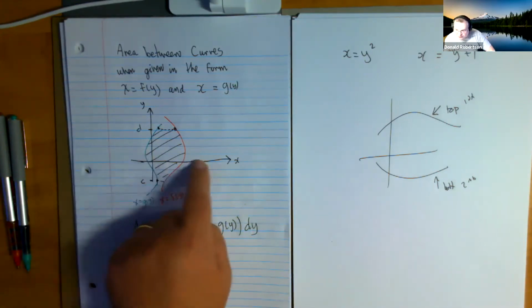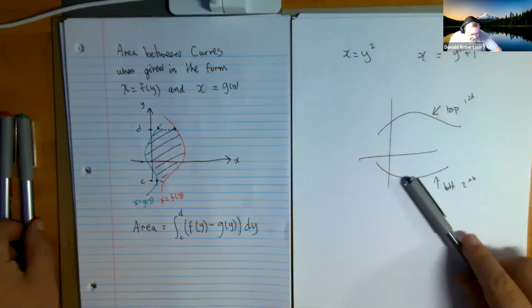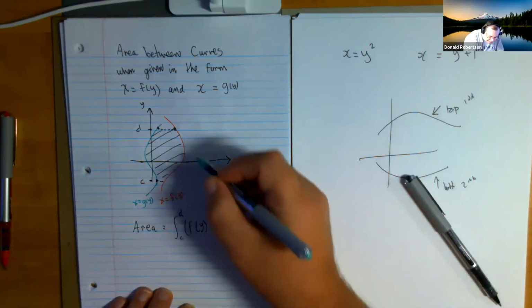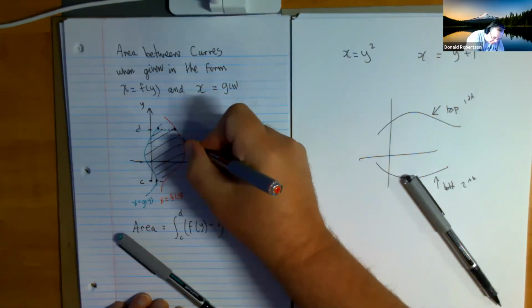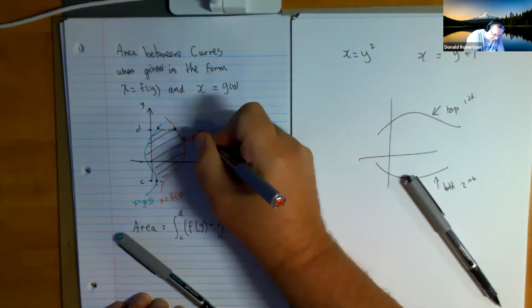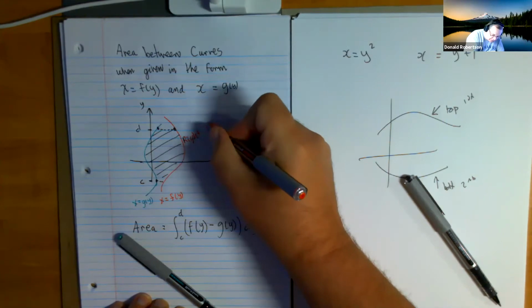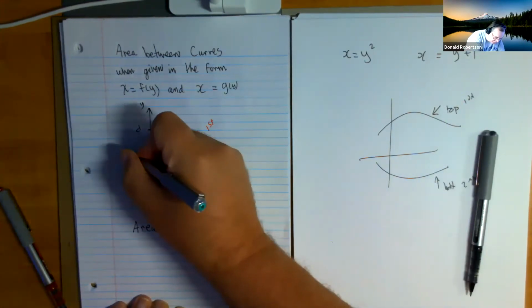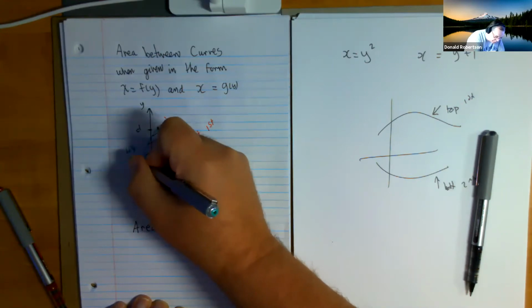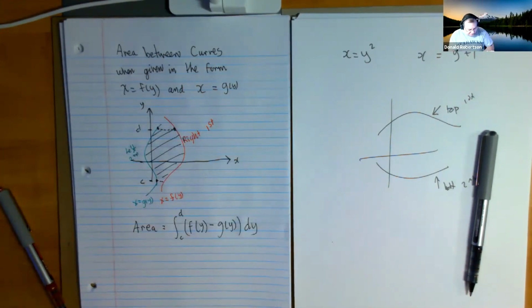When they look this way, then you've got to figure out who goes first and who goes second. The one on the right-hand side, the one that's furthest to the right, goes first. And the one that's on the left goes second. So that's how you tell.